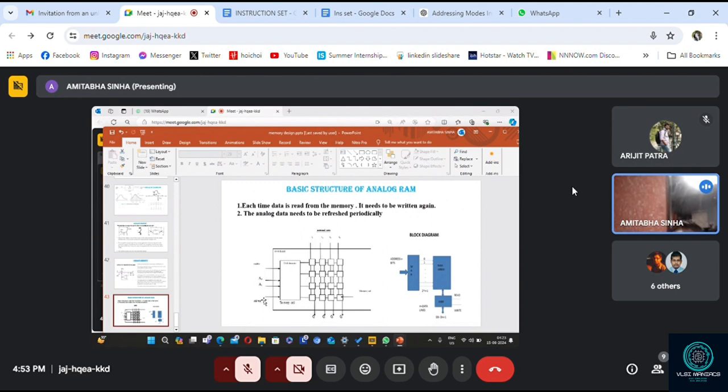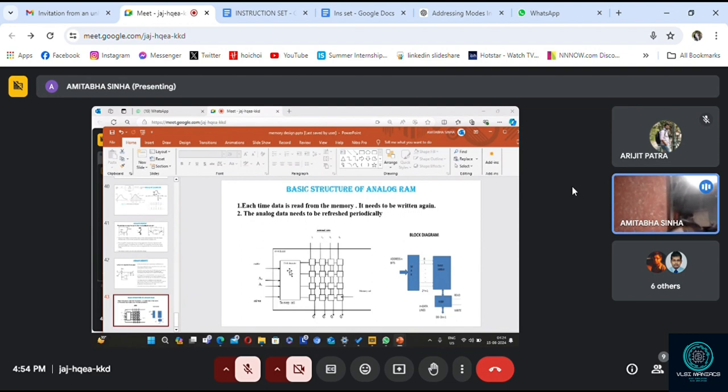And here, a read-write bar signal has been shown, but actually, in practice, there will be 2 signals: one is read bar, another is write bar. If we use read bar and write bar, then those transistors will be PMOS instead of NMOS. Depending on the address where we want to store the data, one of the rows will be selected, so a decoder will be there.